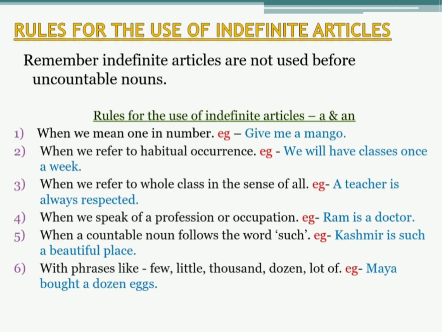Now let us see the rules that are there for the use of indefinite articles. Firstly, we should remember not to use indefinite articles before uncountable nouns. The other rules for the use of indefinite articles, a and an, are as follows.